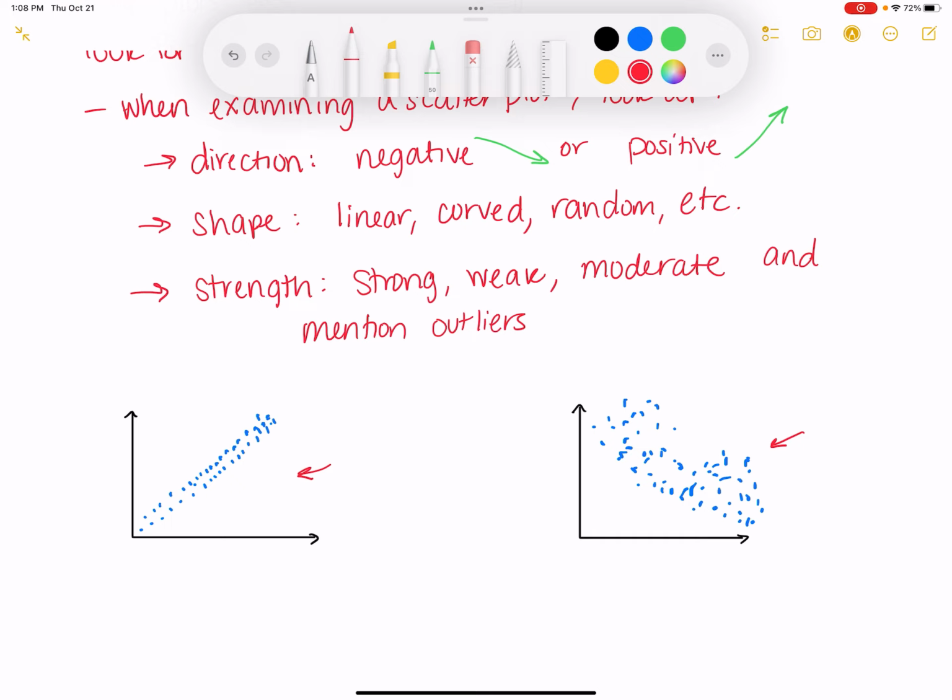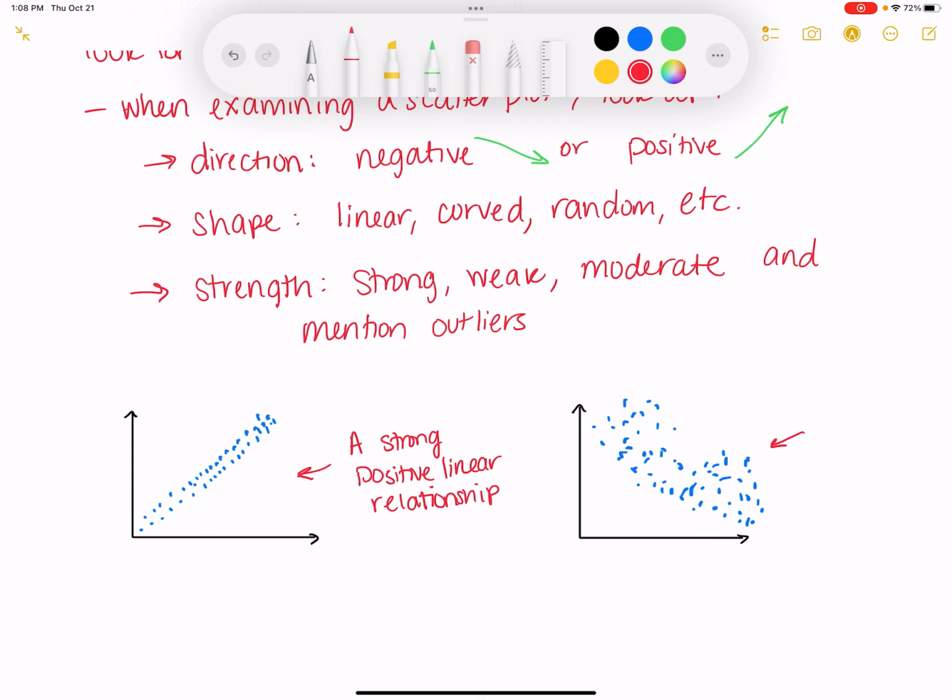Okay. A strong, positive, linear relationship. How about the one on the right? A negative, weak, linear.